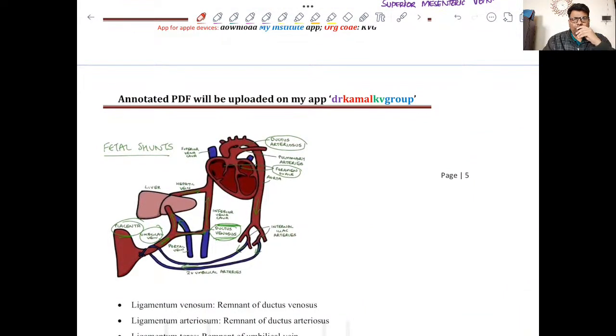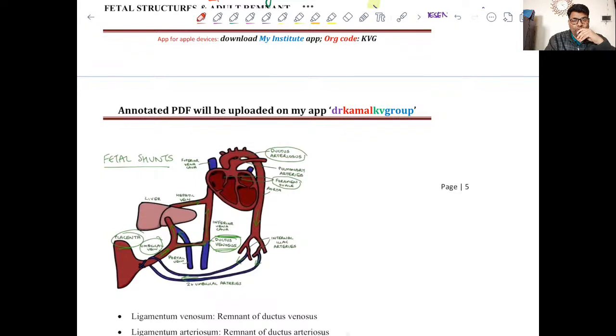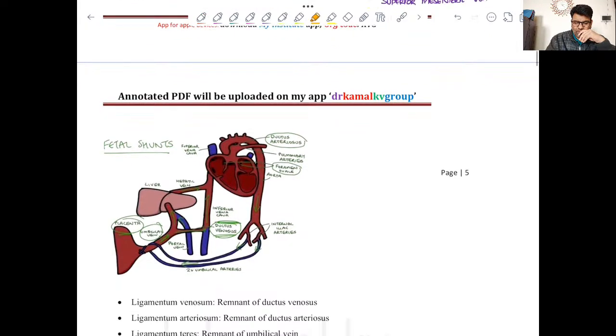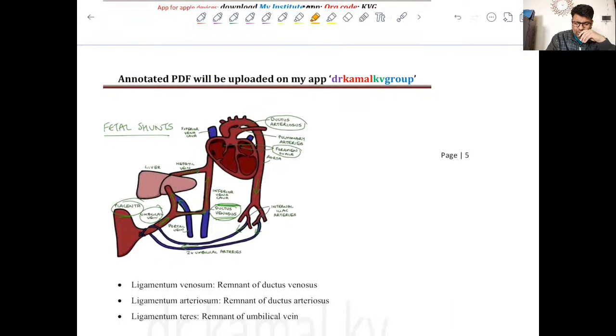Then fetal physiology is quite different from adult physiology, and there are certain structures which hold importance during fetal life, but they are replaced by some fibrous tissues in adult life. So one structure is ductus venosus, which is a fetal structure, and in adult it persists as ligamentum venosum.